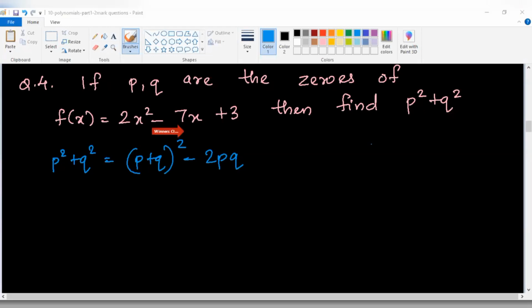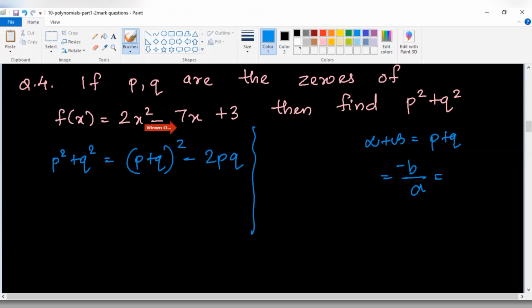So alpha plus beta is actually P plus Q, and it is minus b by a. And here from the given polynomial, in place of a we have 2, in place of b we have minus 7, in place of c we have 3. So we can substitute these values over here.